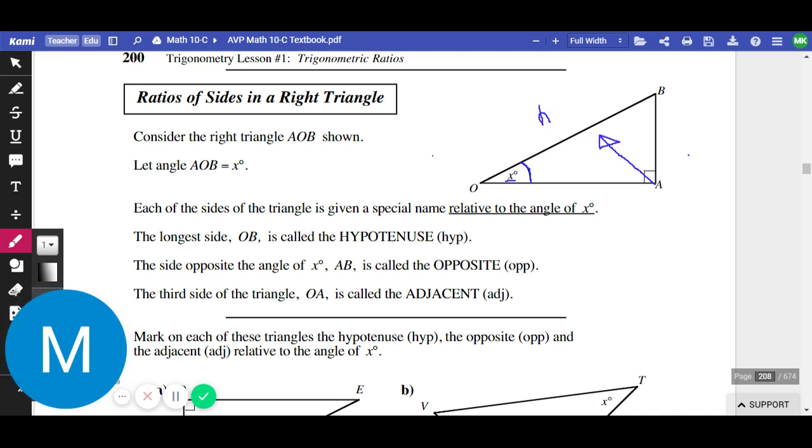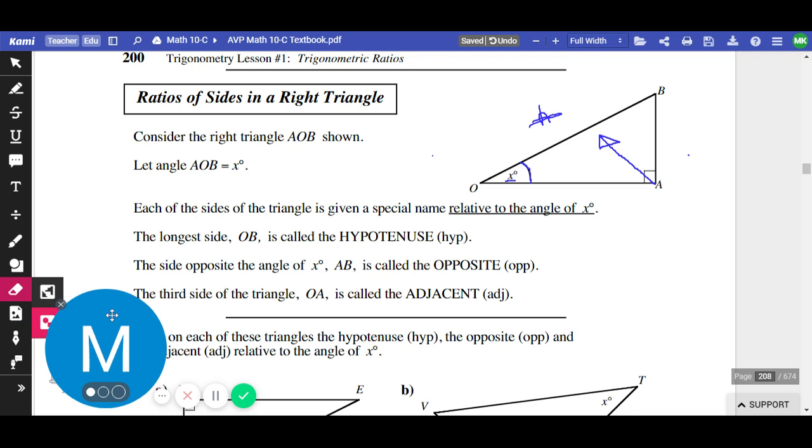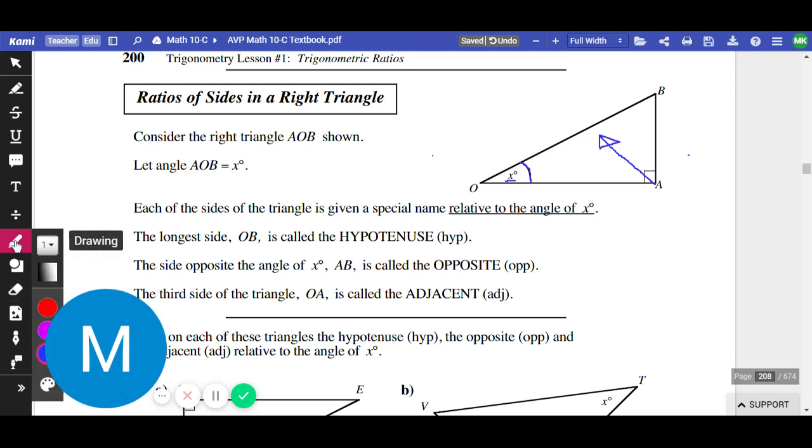I usually just call it H, but I'm going to have to call it actual hypotenuse right now, just so you don't miss it. Hypotenuse. Good thing the spelling of hypotenuse is right here, else I wouldn't know. There we go. So the side across from the 90 is called the hypotenuse.